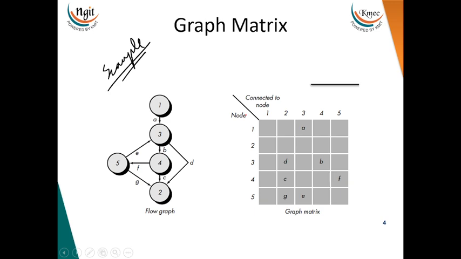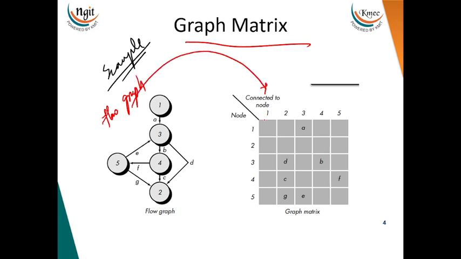The same way, in the example which I have solved there, here also is an example. We have got a flow graph, which is shown with the help of a matrix. I have got 1, 3, 2, 4, 5.